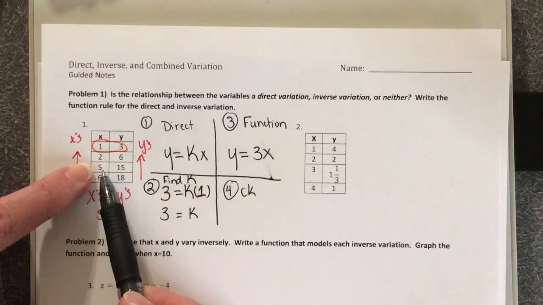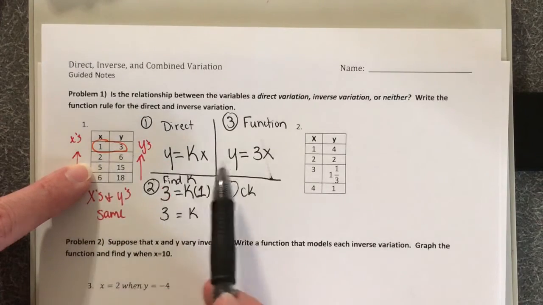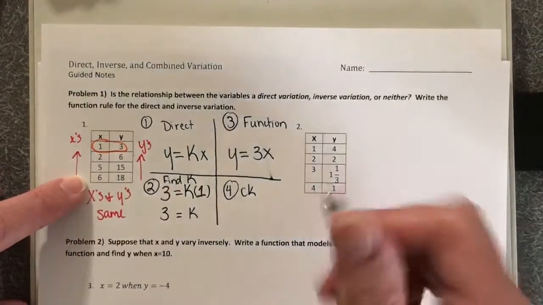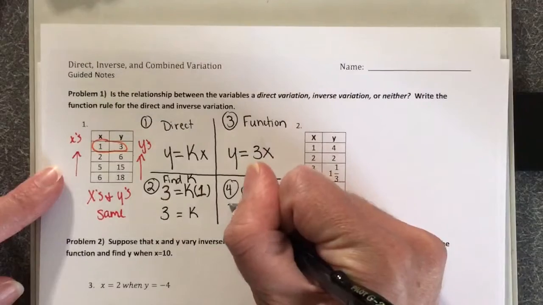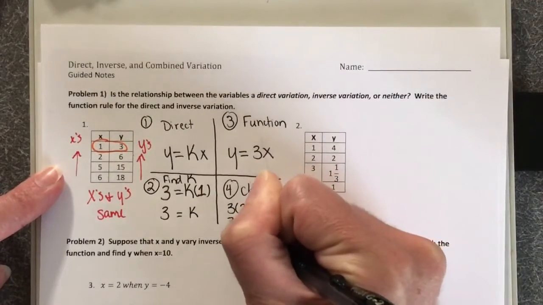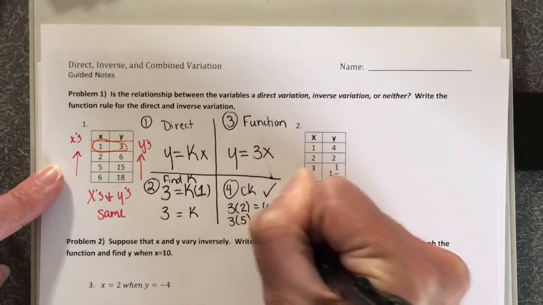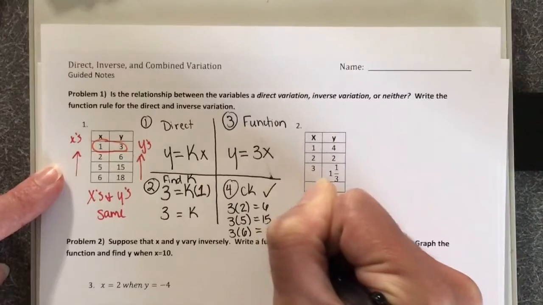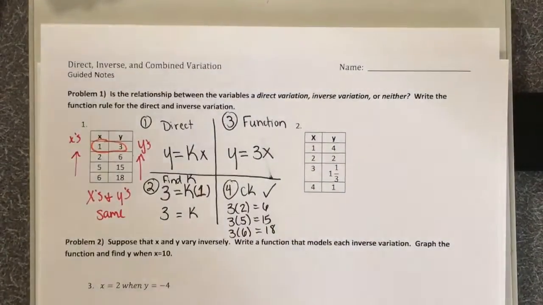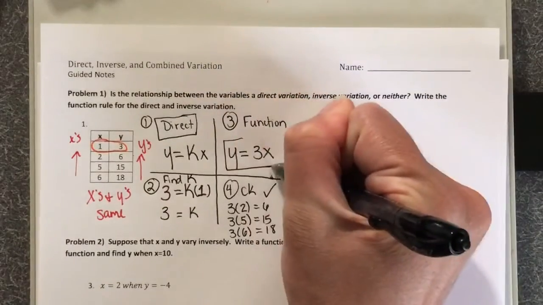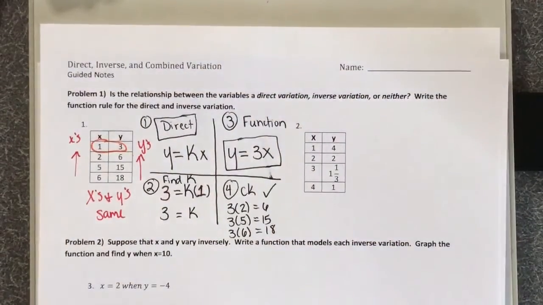If I plug 5 into x, 3 times 5 is 15, so my rule works here. If I plug 6 into x, 3 times 6 is 18, so it checks out. Okay, so the first one is direct variation, and our function rule is y equals 3x.